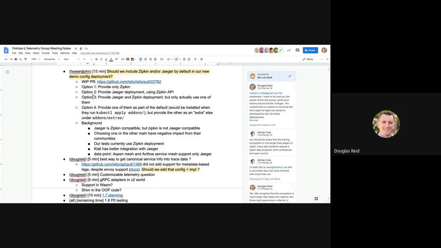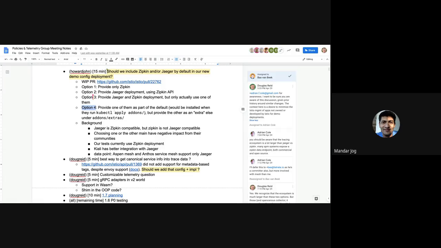So I think if we hear from the Istio community that this is something that people are using, then we'll certainly have a discussion. But as of now, I would say that everything else can just stay in docs, and we simply want to be nice to the Zipkin community, and the fact that we are using the Zipkin API, we are maintaining some artifacts. But I would like to hear other opinions.